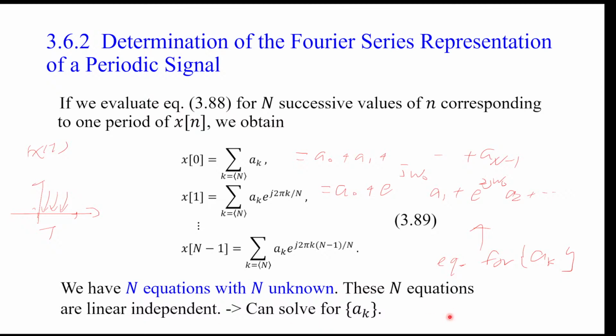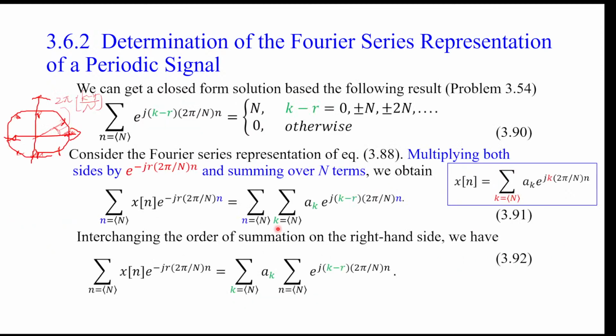It's a bit different from the way we got the analysis equation before. But this is not how we are going to get our analysis equation. Actually, we are going to do something very similar to how we got our analysis equation before in continuous time.